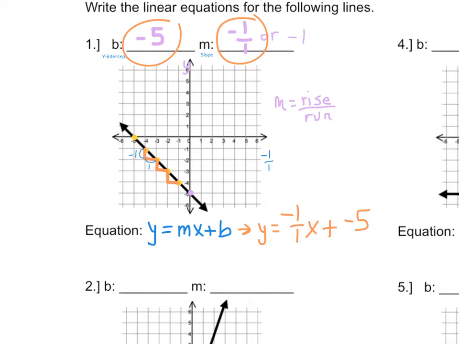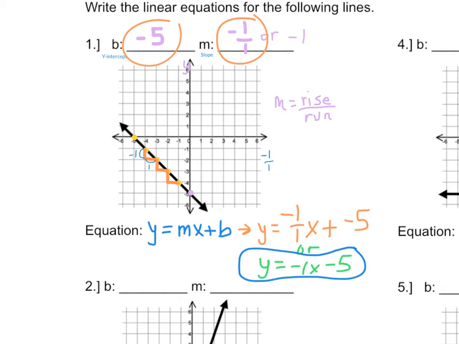If you wanted to write that in a more simplified format, you could say y equals -1x minus 5. So this would be our most simplified response.